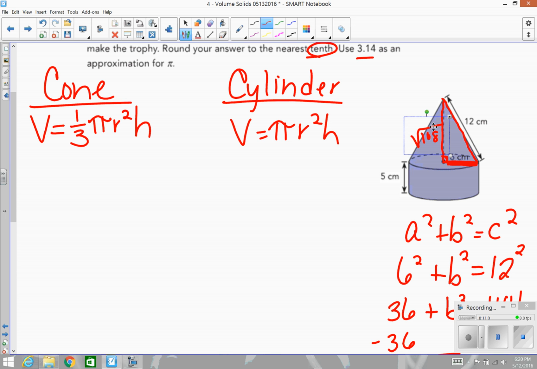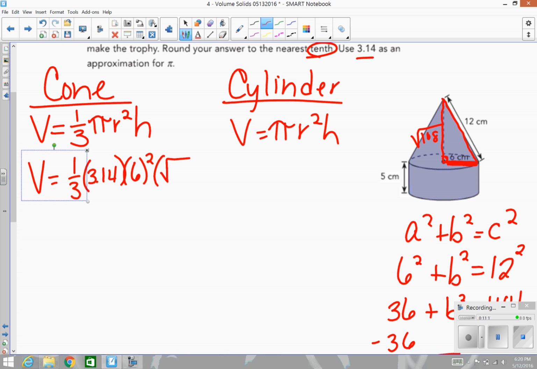Now I am prepared for this formula. I have volume equals 1/3 times 3.14 times the radius squared, which will be 6 squared, times that height, which we just said was square root of 108. If you want to put that entire thing in the calculator, you can.